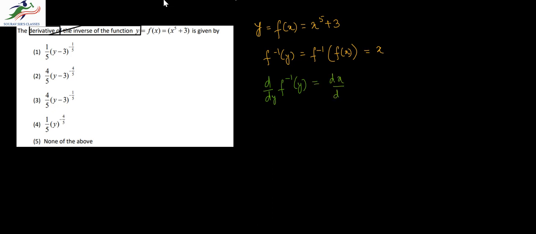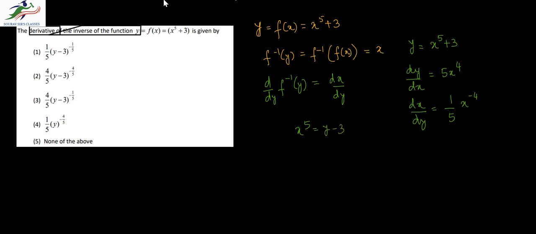dx dy. Now, y is given as x to the power 5 plus 3. So dy dx is equal to 5x to the power 4. So dx dy is equal to 1 by 5 x to the power minus 4, and x to the power 5 is equal to y minus 3.